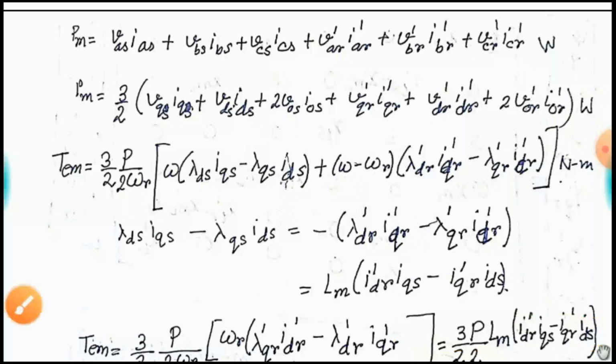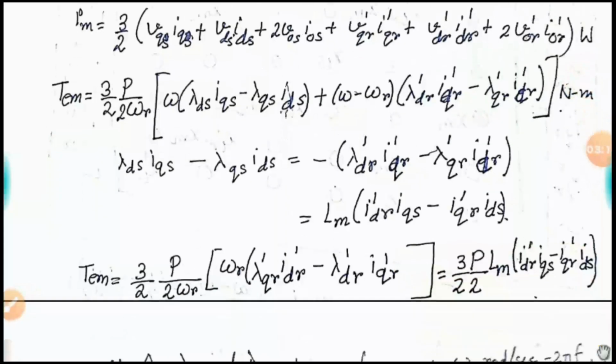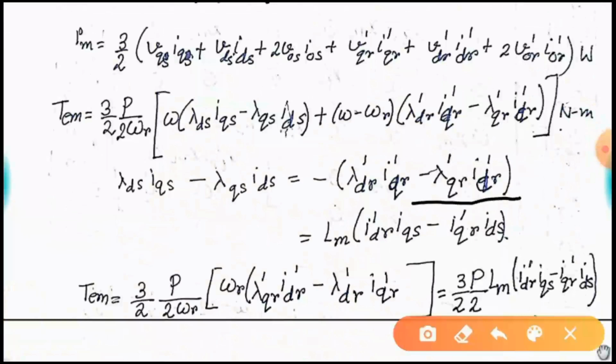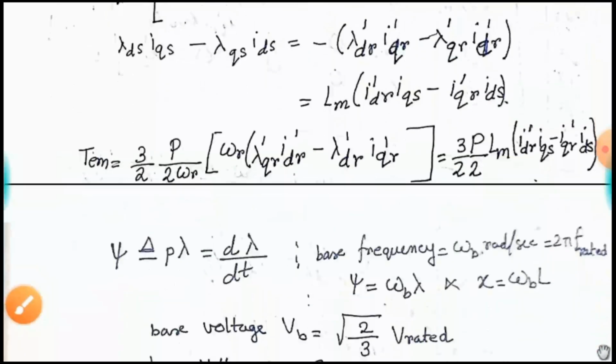If you free the power equation from its dependency on speed, you will not get a physically valid result. So that is why we have this term. With a little mathematical manipulation we can also prove this result, and this is the expression we get.